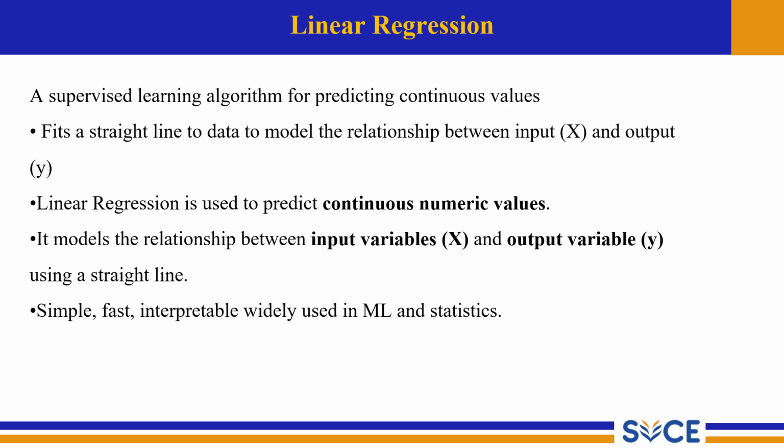Despite its simplicity, it often provides surprisingly strong performance when the underlying relationship between variables is linear or close to linear. So, linear regression helps us to predict continuous outcomes, understand the relationship between variables, and make informed decisions, all through the elegant idea of fitting a straight line to data.